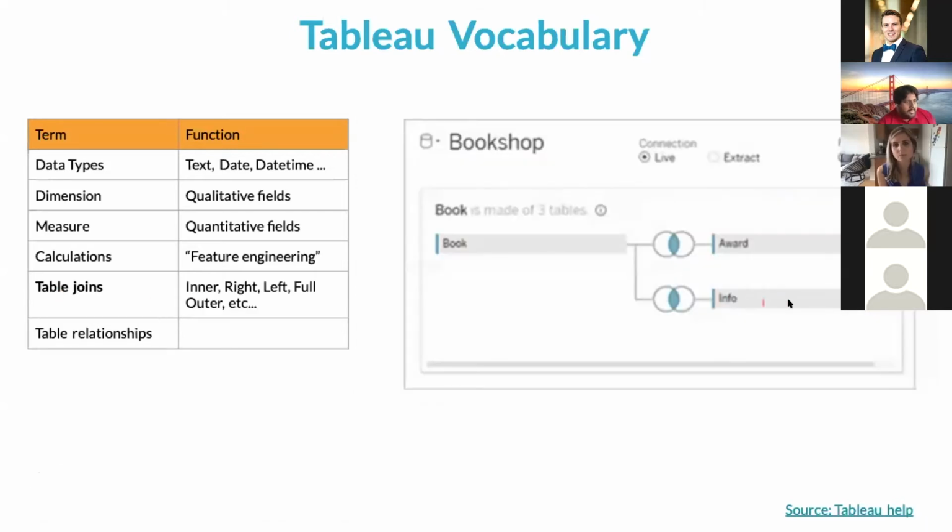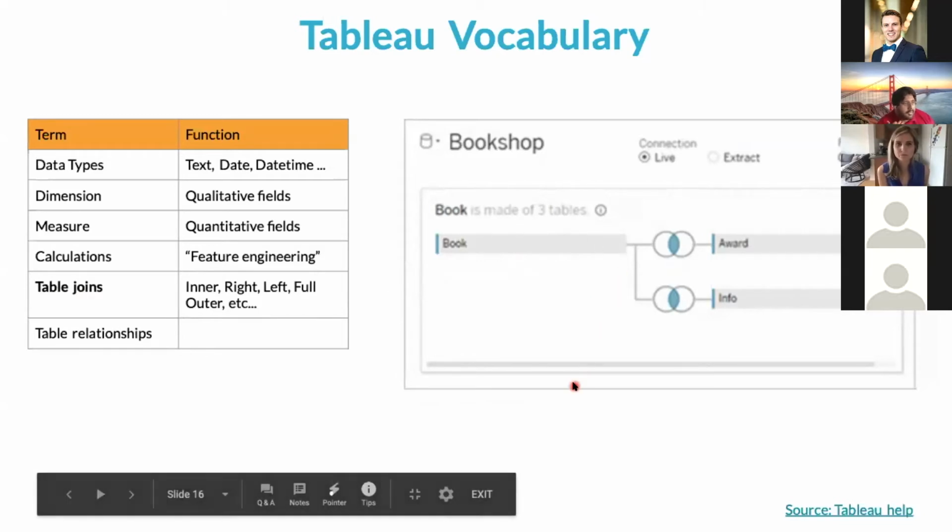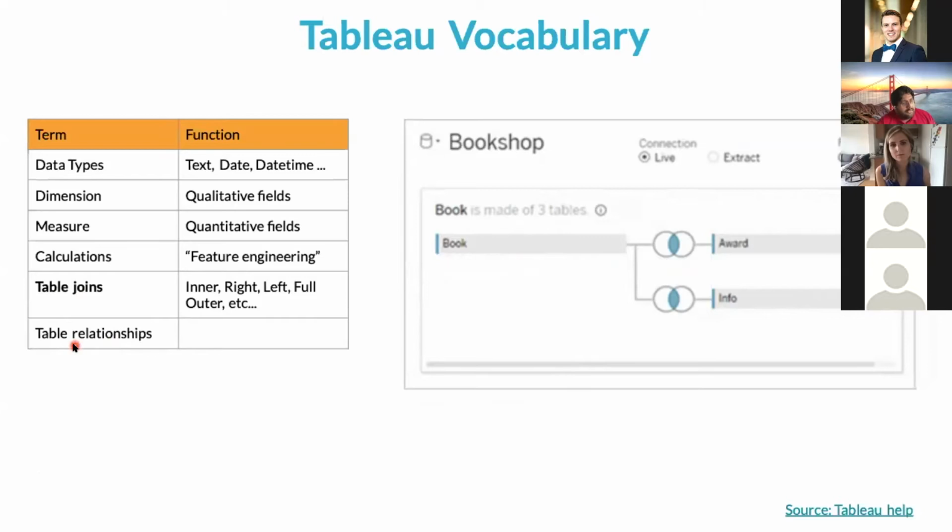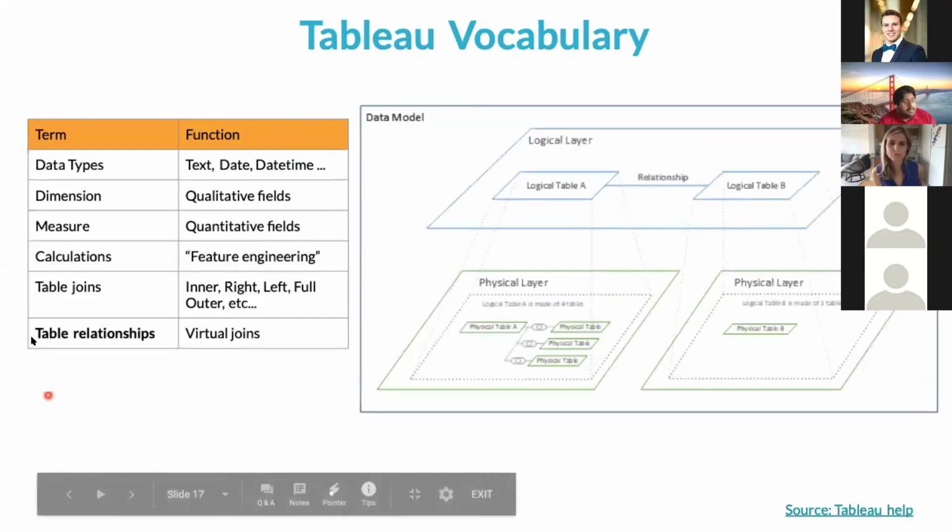Table joins, as you're used to, there's left joins, right joins, inner, outer, etc. All those are possible within Tableau. And then because Tableau is a drag and drop UI-based tool, they also have the idea of table relationships. Whereas in the case of joins, you are actually merging data together with potentially destructive consequences like losing data, Tableau table relationships are virtual joins.